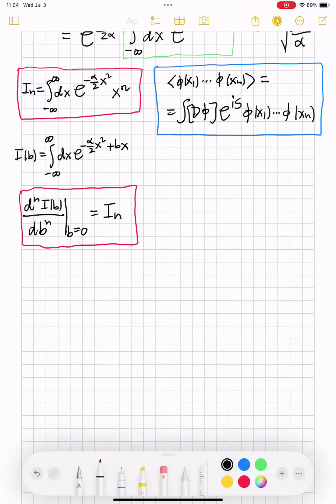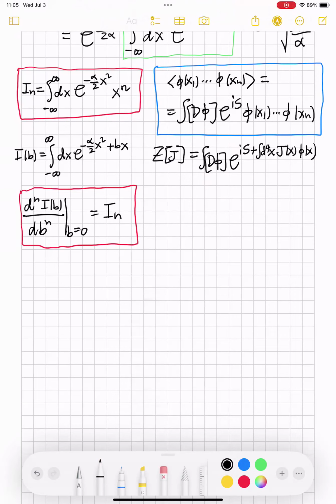Okay. So now let's introduce Z of J. What Z of J is, it's an integral D phi, e to the i S plus an integral d4x J of x phi of x.